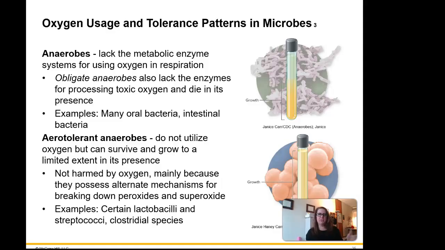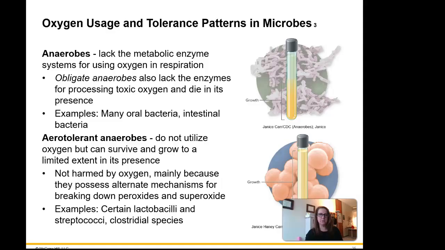But we know that there are some things that can tolerate a small amount of oxygen. So the aerotolerant anaerobes do not utilize oxygen but can survive if it is present in their atmosphere. So these organisms can tolerate a little oxygen, but in general, they thrive in low oxygen environments. You can see their examples are some lactobacilli.